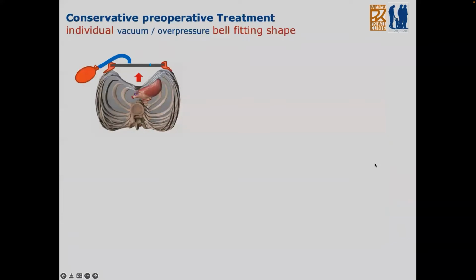Here you can see the principle of the vacuum bell treatment. The bell has to be positioned with the margins directly on the protruding edges of the funnel.